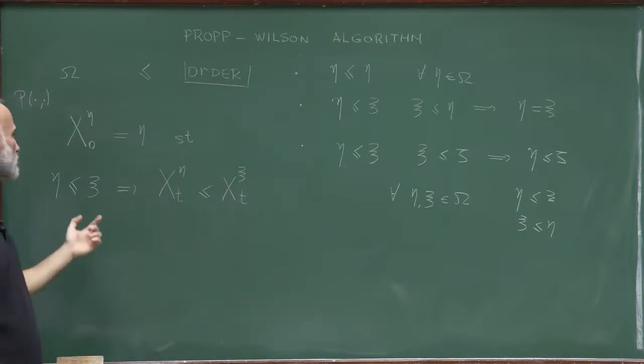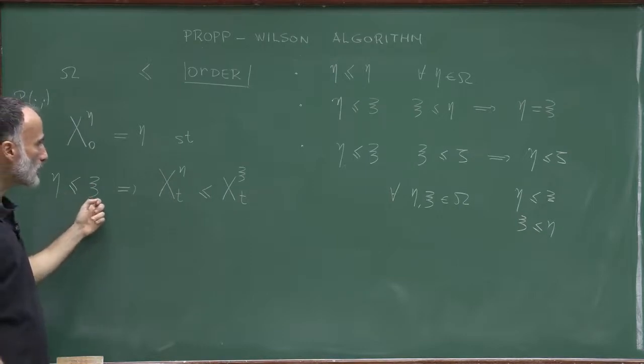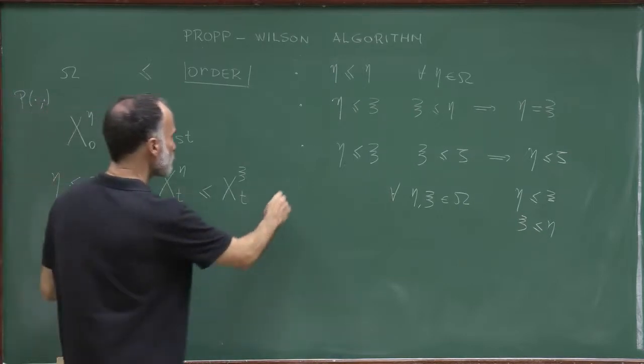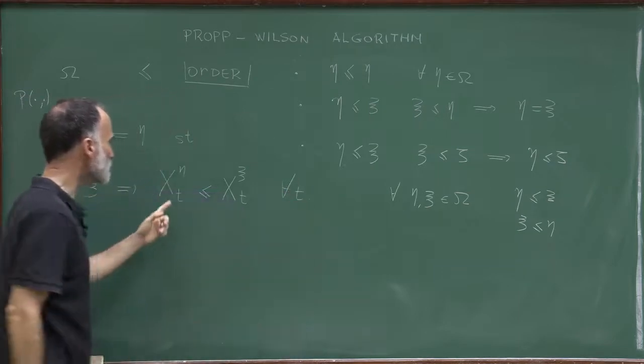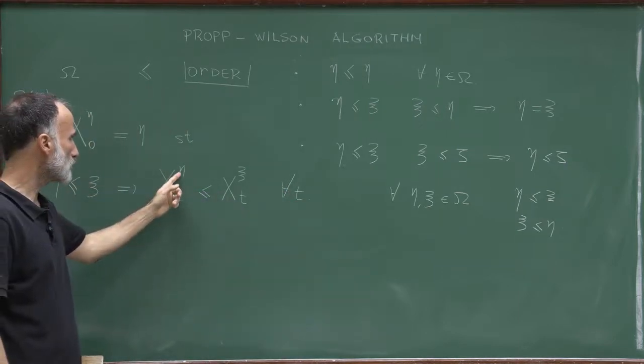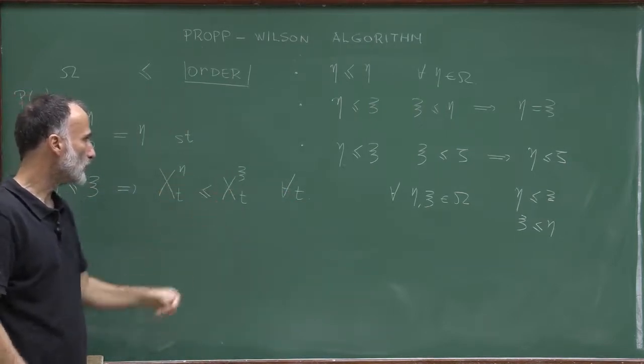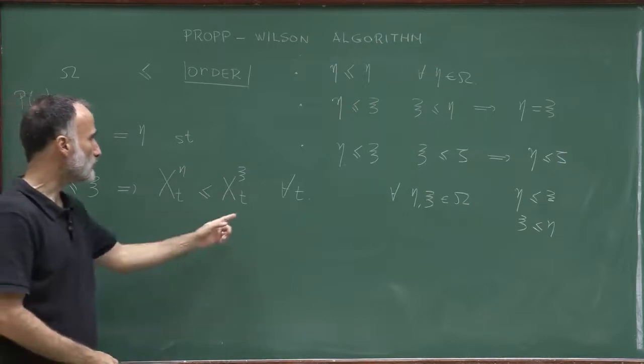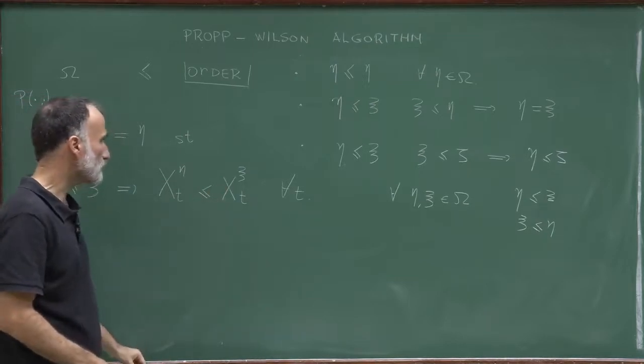That is, if eta is bounded by xi, then for all t, the value of the chain at time t starting from eta will be bounded by the chain at time t starting from xi.